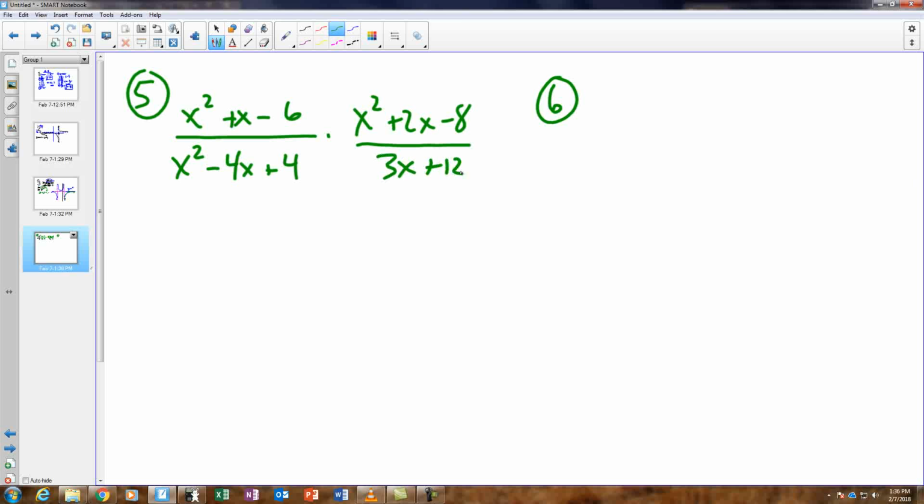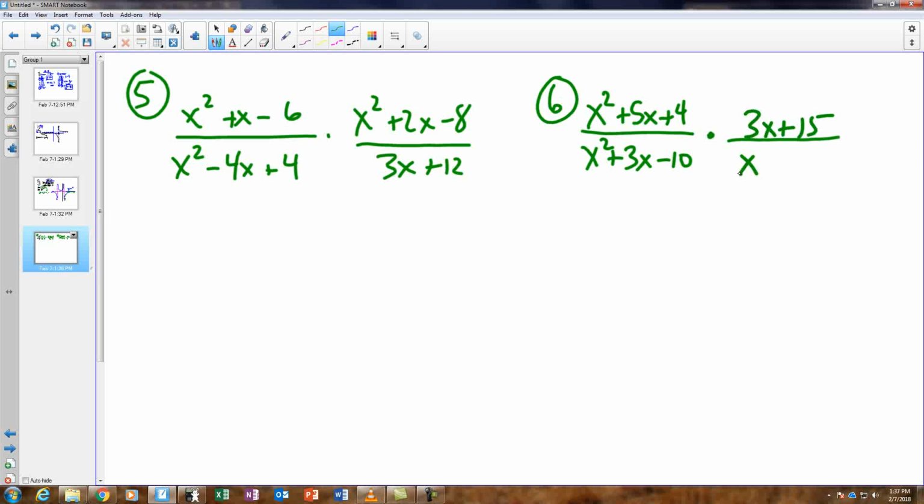Over here on the other one, we've got x squared plus 5x plus 4 over x squared plus 3x minus 10. Now it says divided by, so I'm going to change it right now to multiplication, and I'm going to flip it. So that's what division does, is we multiply by the reciprocal. That would make it 3x plus 15 over x squared minus 1.